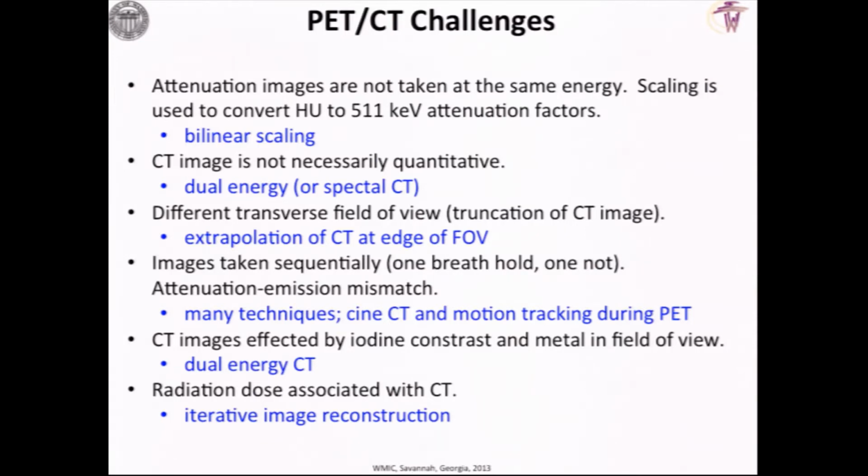Again, with the CT iodine contrast and metal, you could go to dual energy CT. And for the issues with the radiation dose associated with CT, you're starting to go to iterative image reconstructions for the CT images. Now, CT image data sets tend to be really big, so it's computationally demanding. But with the increase in processor speeds and things like that, this is now a possibility.